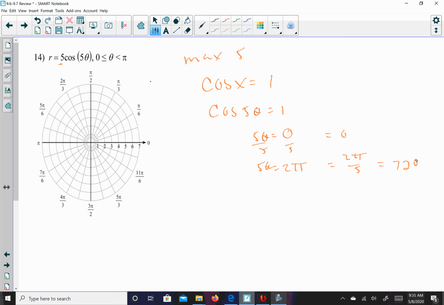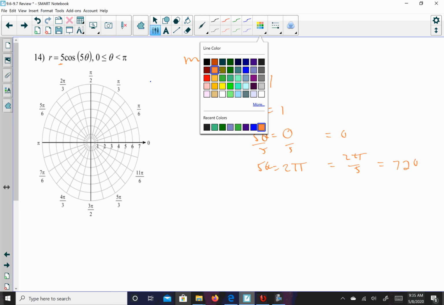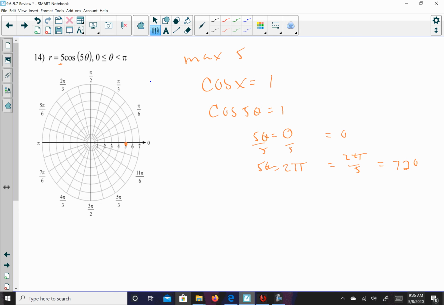So that's when my max is going to occur. So my max is going to occur at 0. My max is 5, 1, 2, 3, 4, 5. And that doesn't really help me. I can't mirror that because it's right on the axis, so that doesn't really help me.